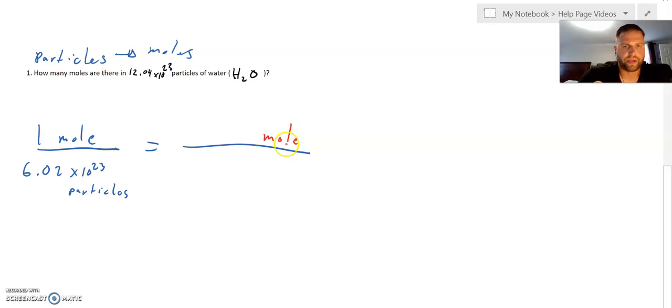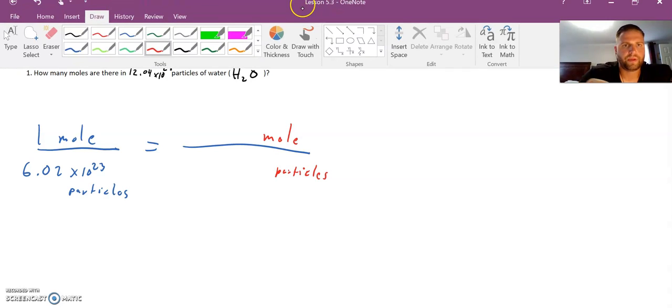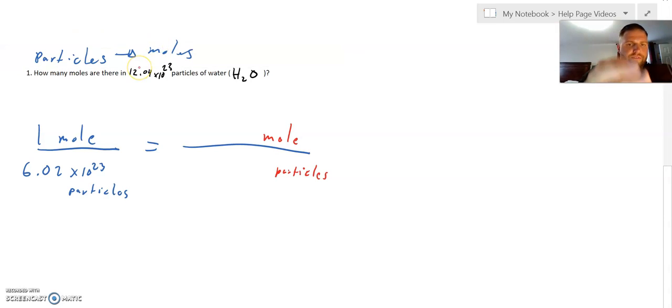So moles will be in the other numerator, and particles will be in the other denominator. They've provided us with an amount of particles, and we're looking for moles. So the amount of particles is 12.04 times 10 to the 23, and the x that we're looking for is how many moles this equates to.